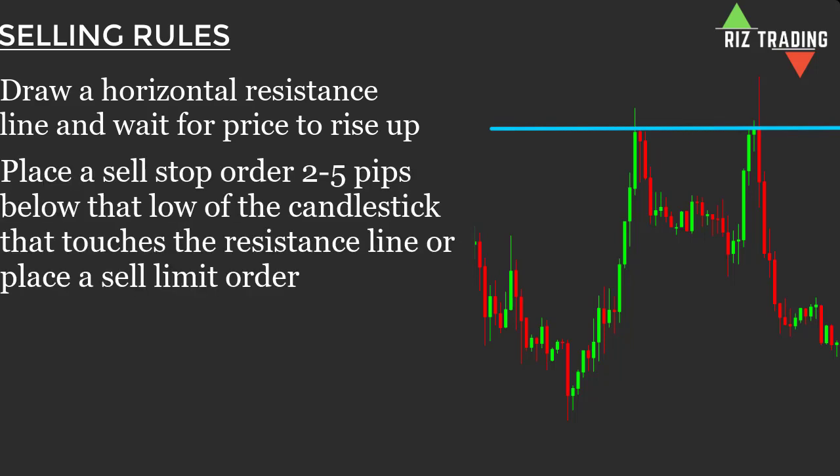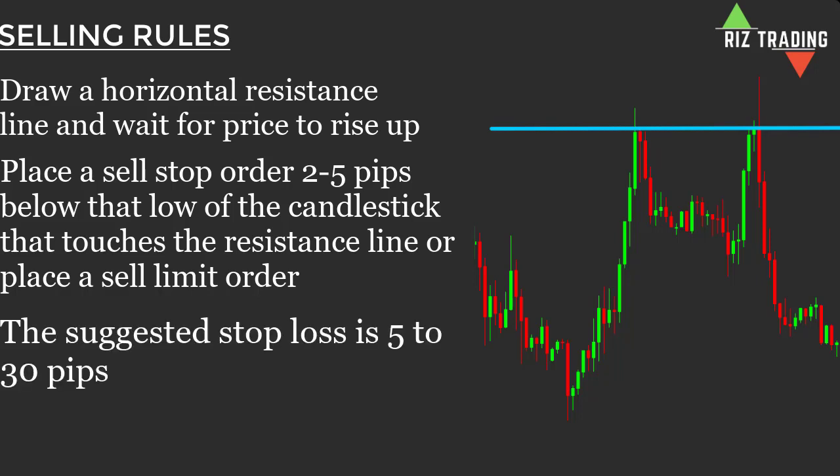When price rises back up and touches the resistance level, wait for that candlestick to close and place a sell stop order 2 to 5 pips below the low of the candlestick that touches the resistance line, or place a sell limit order so when price reaches it, it activates it and your trade will be placed. Or you can sell manually at market price when price touches that level.